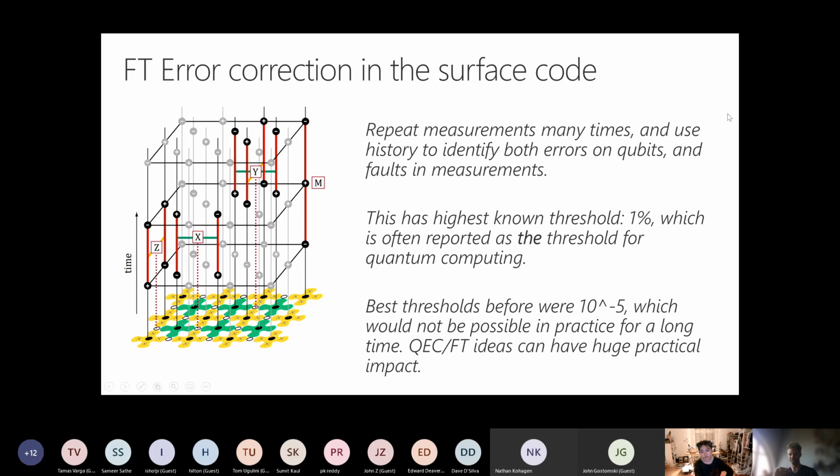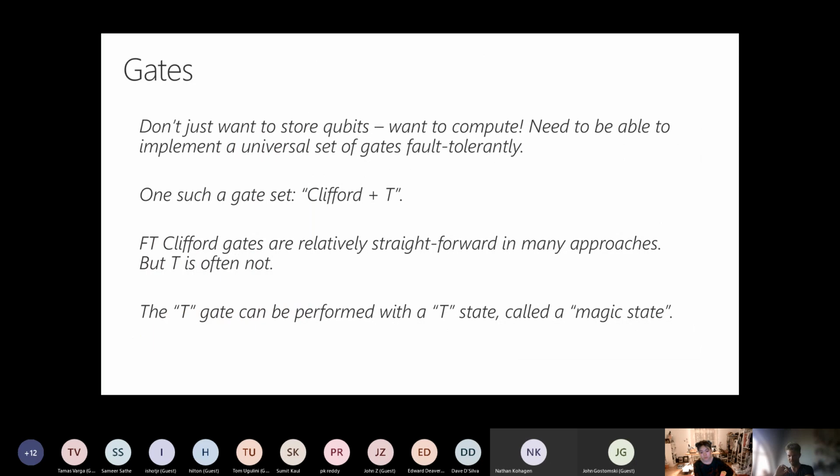The point I'm trying to make here is that advances in just the theory of quantum error correction and fault tolerance can take things which are available in the lab from not being possible to make scalable quantum computers out of, to it being possible to do so. Certainly that's what happened in going from the original approaches to the surface code.